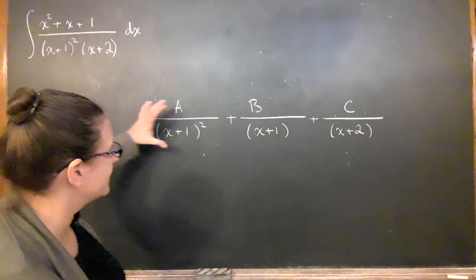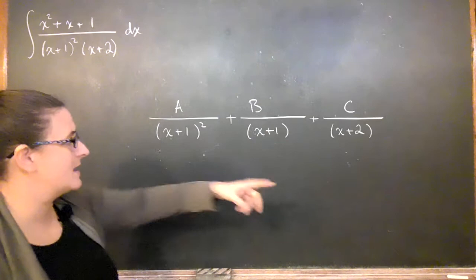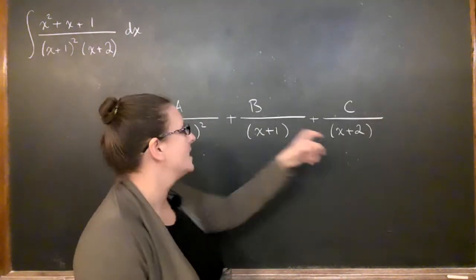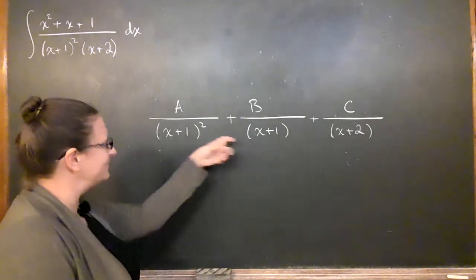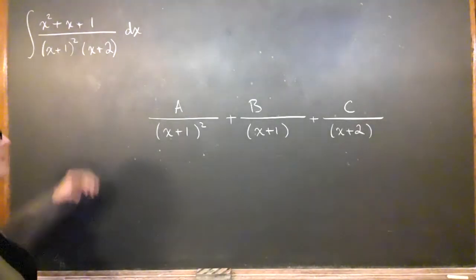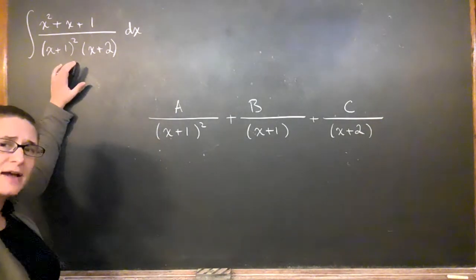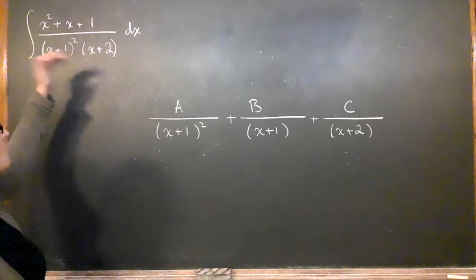If I were to make a common denominator, it would be x plus 1 squared times x plus 2, because this x plus 1 would just be in there, right? So whenever you have a repeated linear factor, you always have to go down 1.